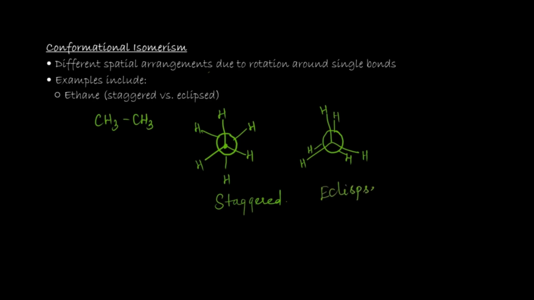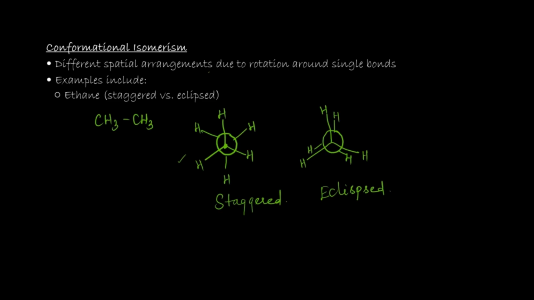Out of these, which will be more stable? Staggered will be more stable than eclipsed, because in the case of eclipsed, the repulsion can happen, which makes it less stable than the other conformation.